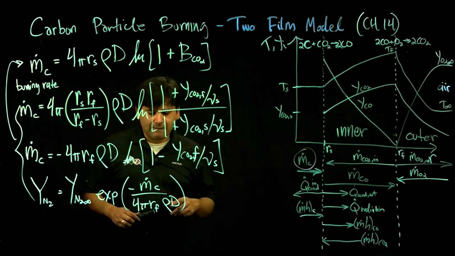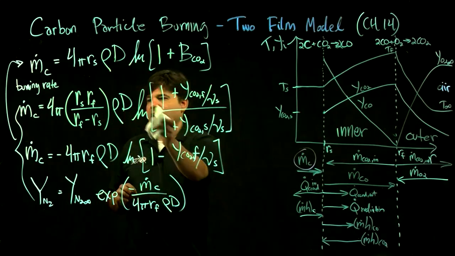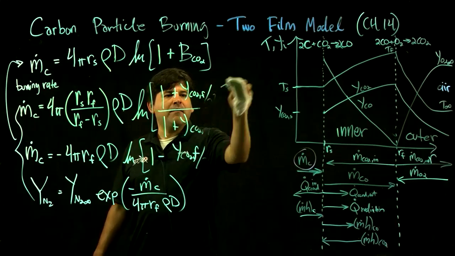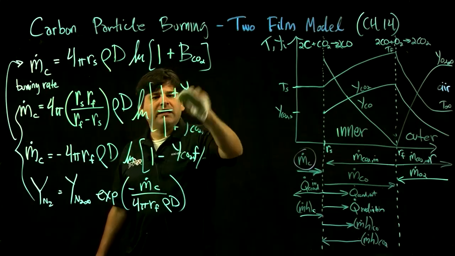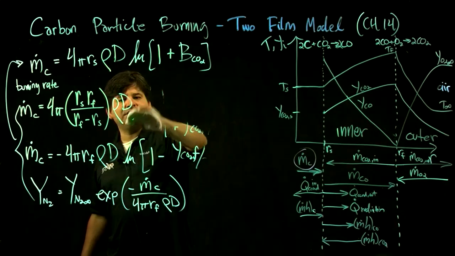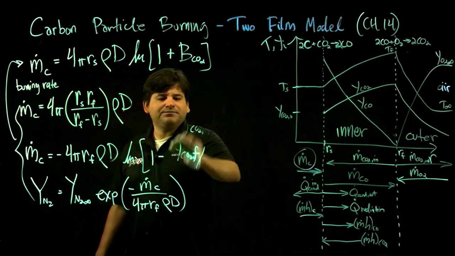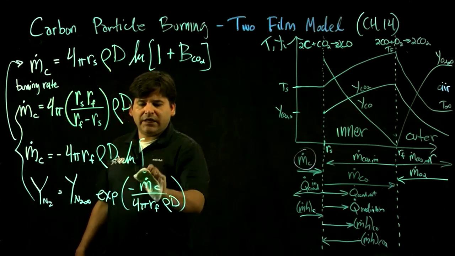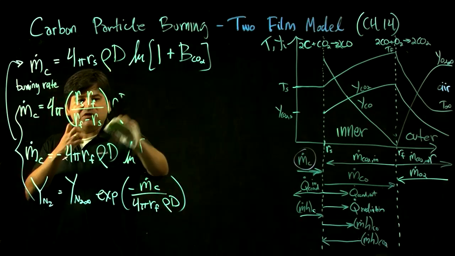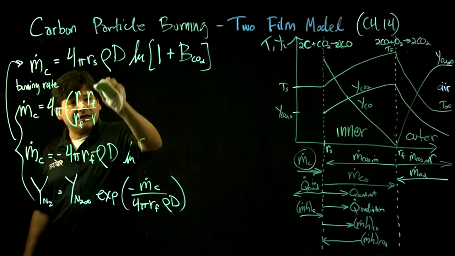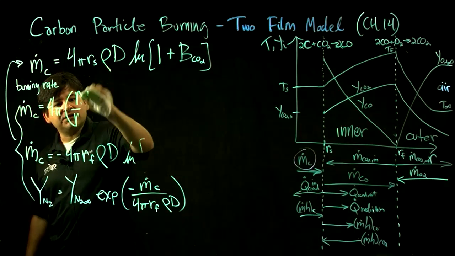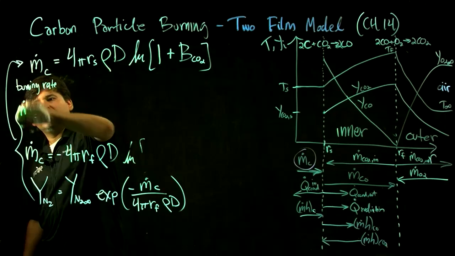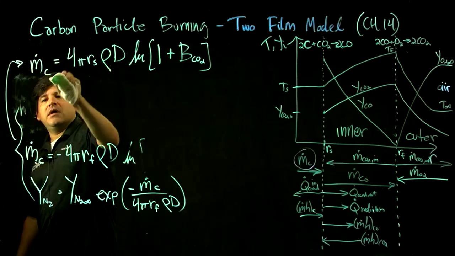So what we've done was combine all these equations to get a more compact form, and we compacted a lot of this transport behavior and stoichiometry balances into this B, which is related to the stoichiometry occurring at these two films and the flow rates of oxygen, or the mass fractions of oxygen and CO2.